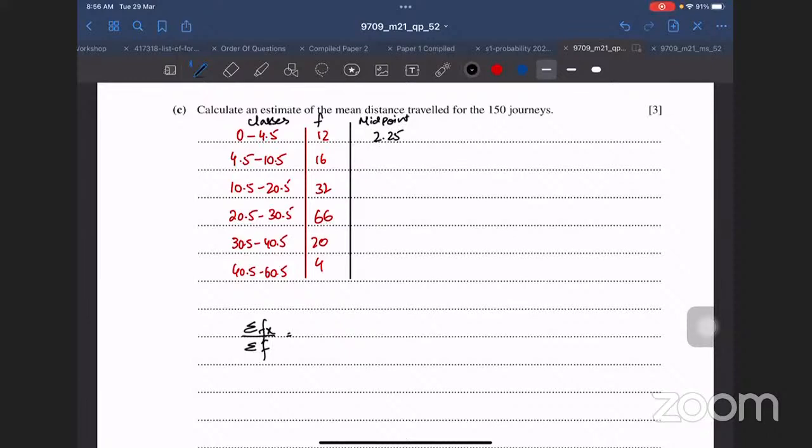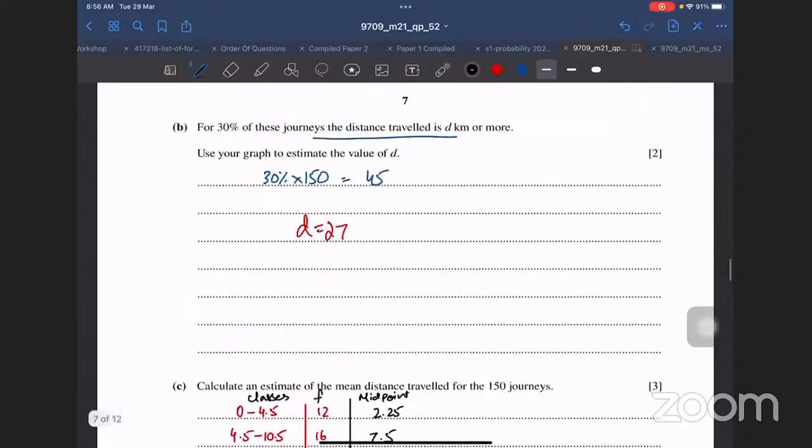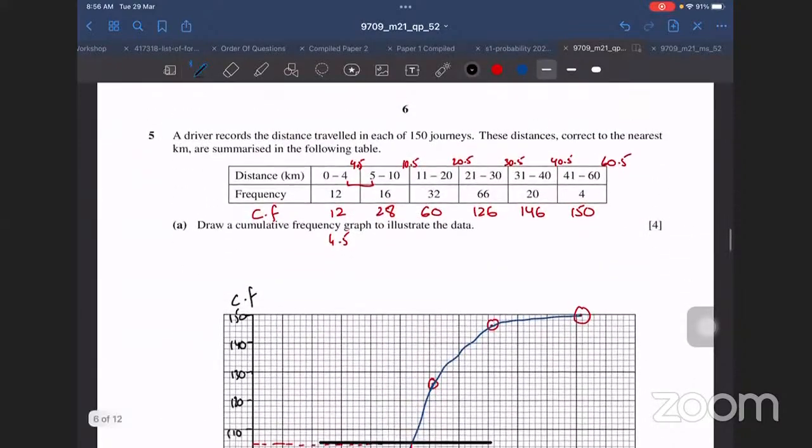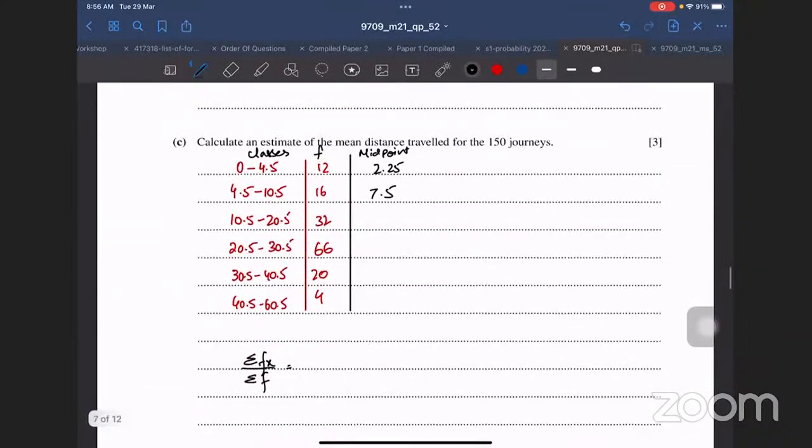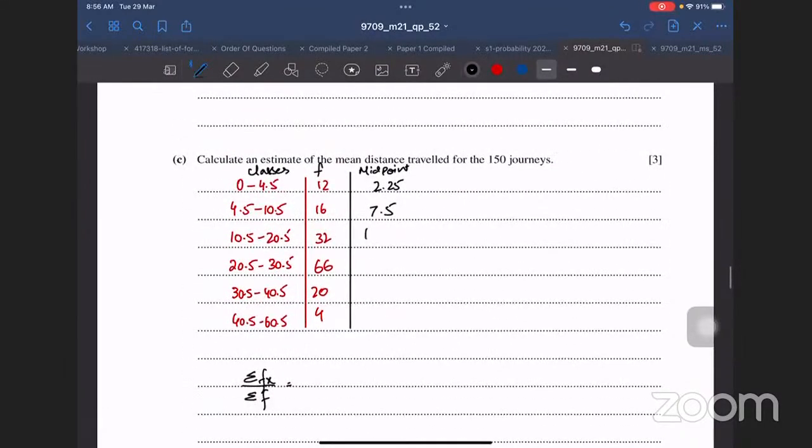Then 4.5 and 10.5 give me 7.5. And then I have 15.5. That's 25.5. That's 35.5. 50.5.